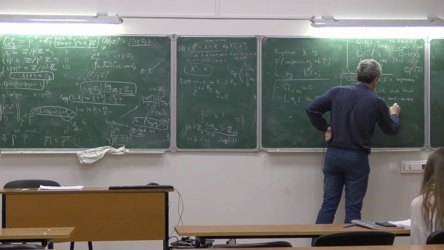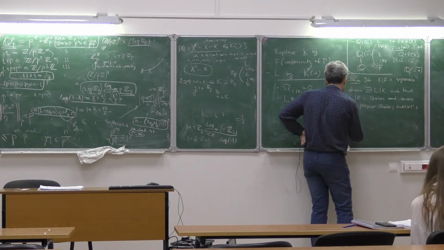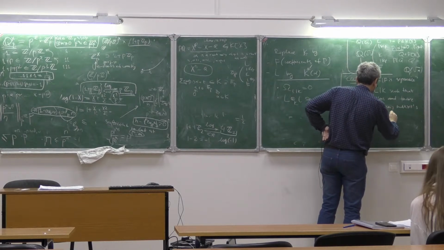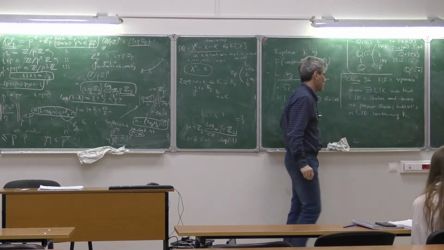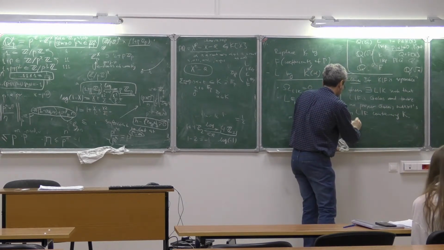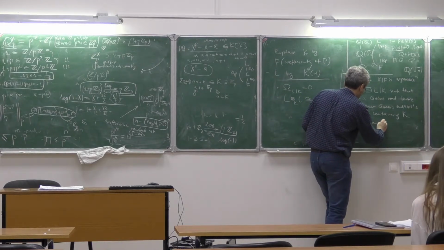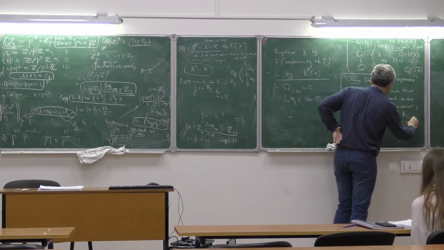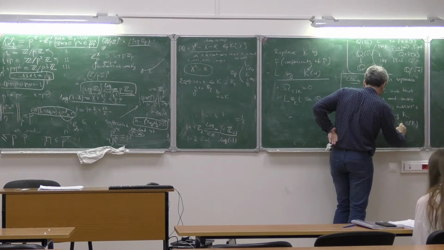Galois sub-extensions in L over F containing K. So in other words, L is the compositum of sigma of K, where sigma runs over the Galois group of L over F.